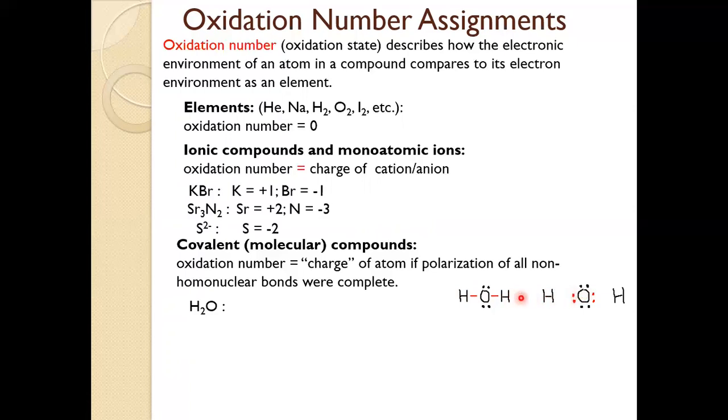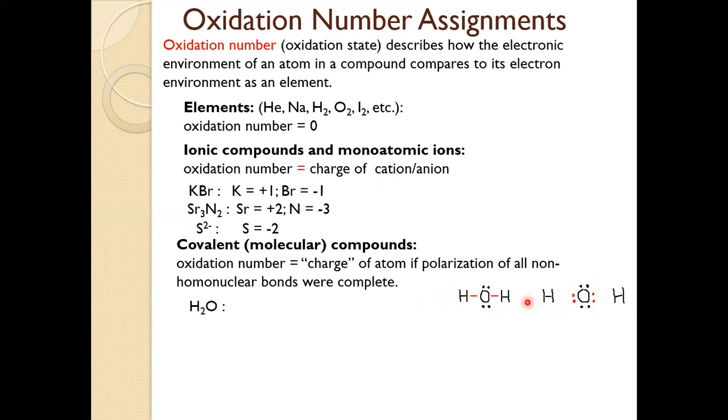So as a result, take a look at this picture compared to the number of valence electrons the atoms have normally. Hydrogen normally has one valence electron. In this picture, though, it can't claim ownership of any. It normally has one electron, it doesn't have any, so that difference gives us a +1 oxidation number.